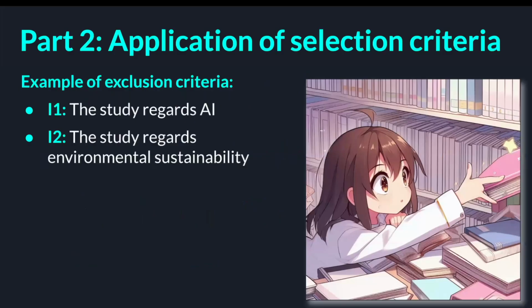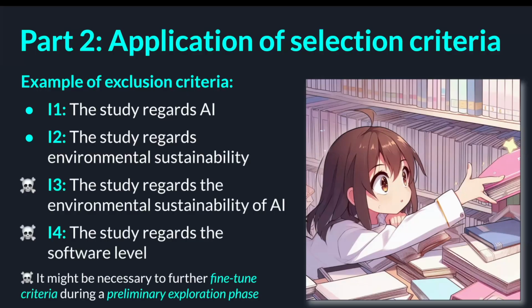And this is why usually you have some rounds where you really grasp what you're doing and what you're looking for. At the beginning, it's just that it regards green, it regards sustainability, right? Trivial enough. But after a bit, we started looking for the papers and found papers we were not interested in because they were about the thing you said previously. So we had to tune it a bit more.